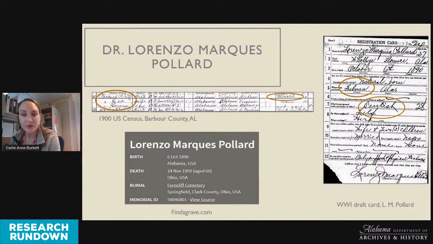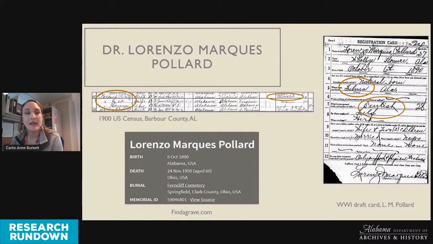The first one I found was a 1900 census, and I've posted it here. I found Dr. Pollard at the time. He was not a doctor. He is around 10 years old, and he is living with an RT and an EW Pollard in Barber County.